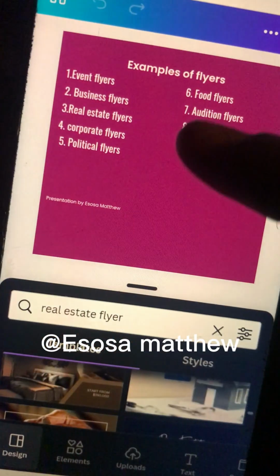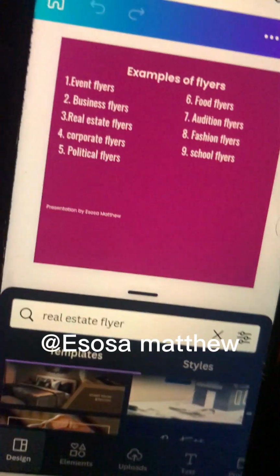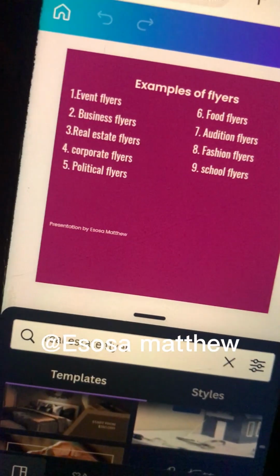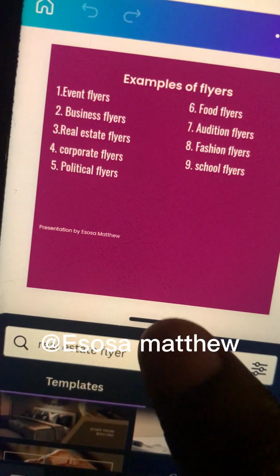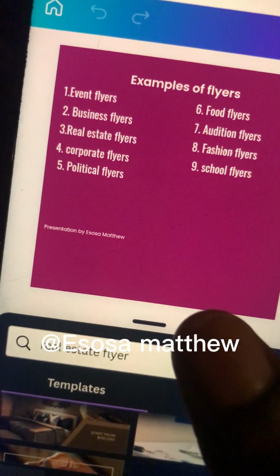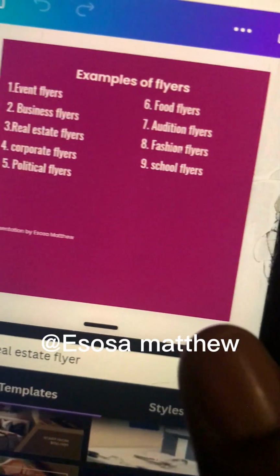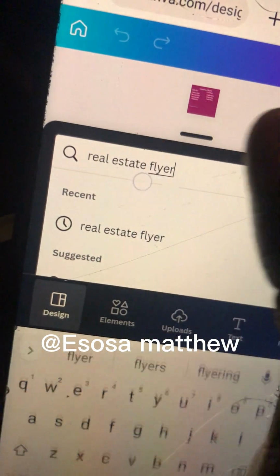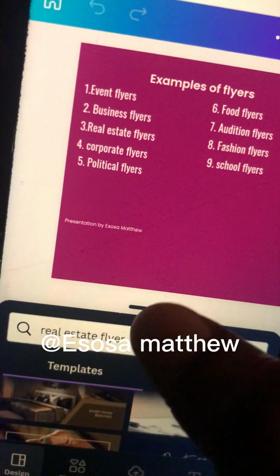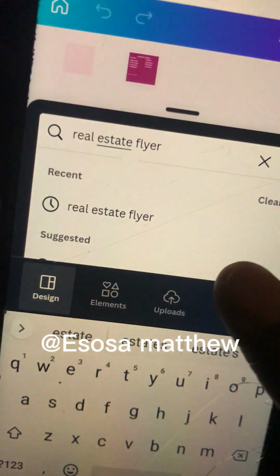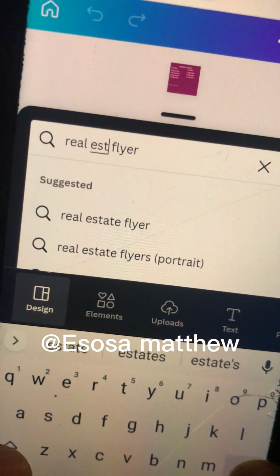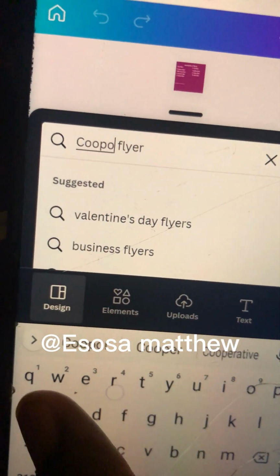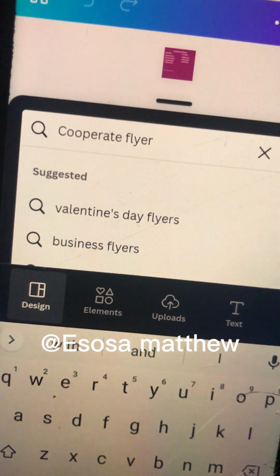All right, so the next one we have here is corporate flyers. Corporate flyers are similar to business flyers, wherein they are single sheets or printed ads used to attract people to certain products, services, or events. So let me come here and search corporate flyers.